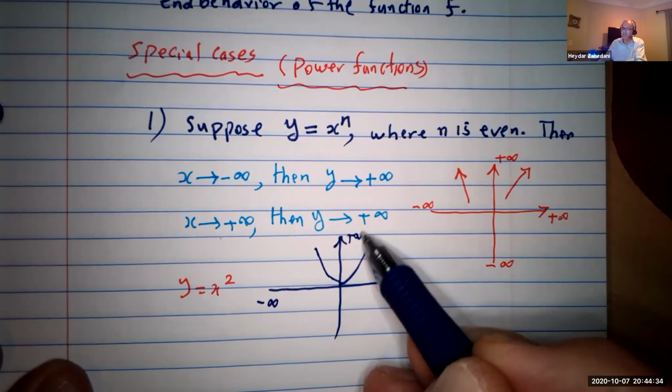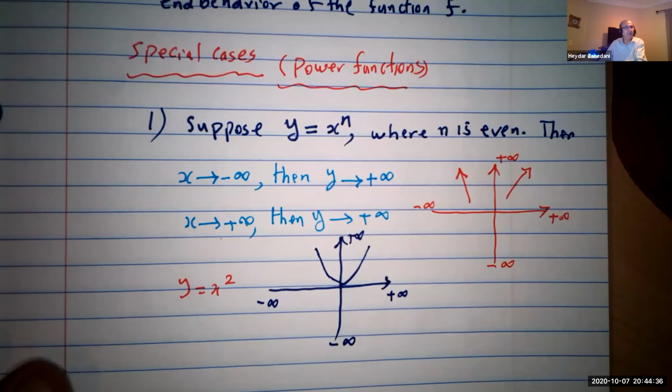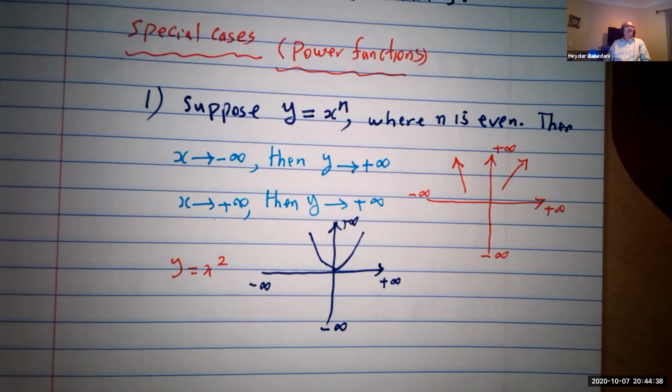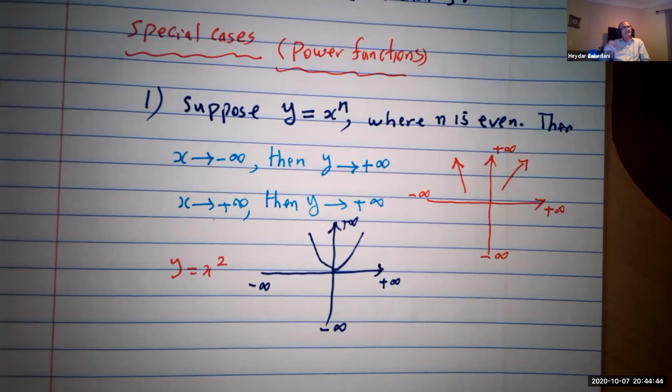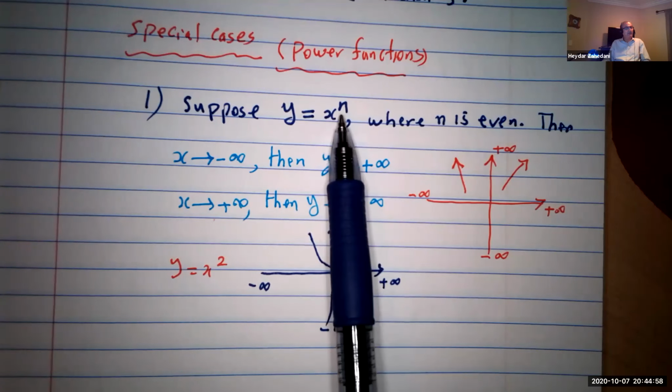And this is positive, and this is going to be positive. Okay, so all the even powers, x squared, to the 4th, to the 6th, to the 10th, are like this one: up, up. Okay, so that's one case, because for the polynomials, we are going to end up checking only these powers. So that's why we want it. Okay, any question? So this is when n is even.